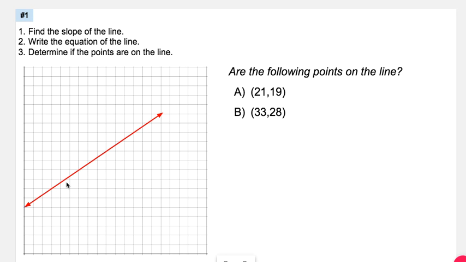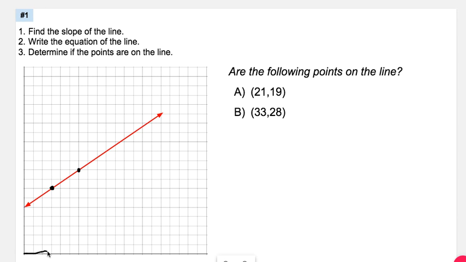We're going to find 2 places where the grid marks cross perfectly. Okay, so the first point I found here was from the origin.